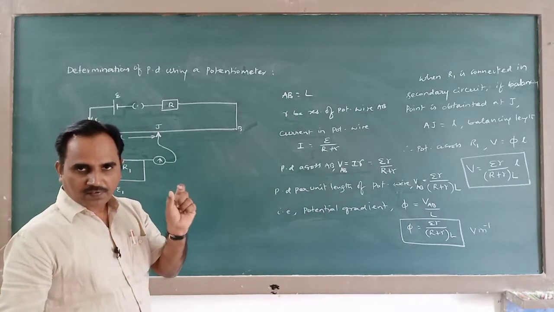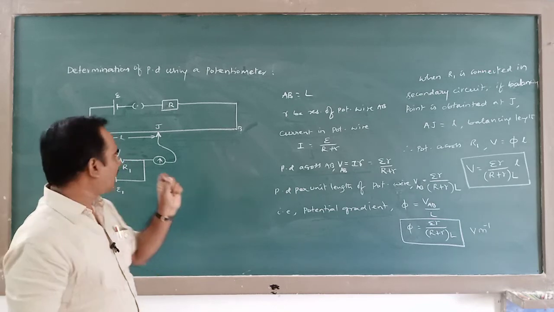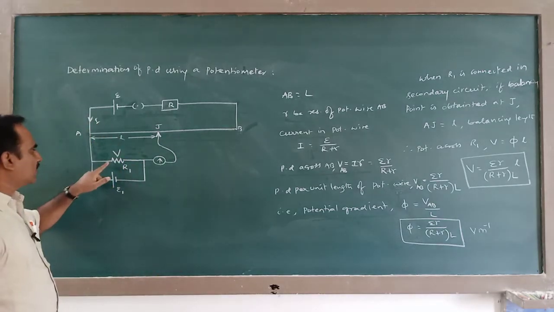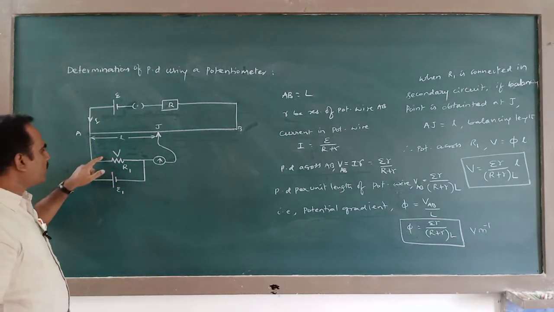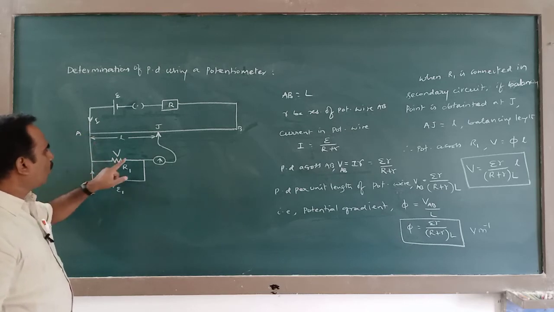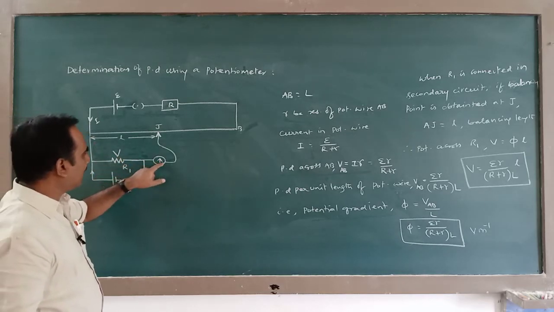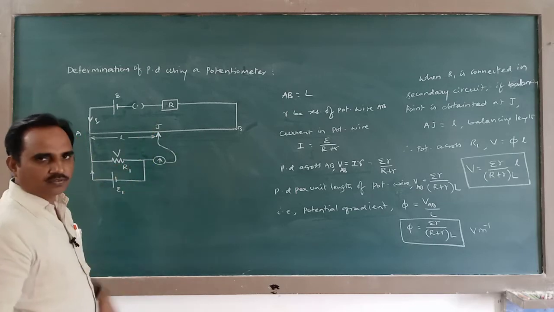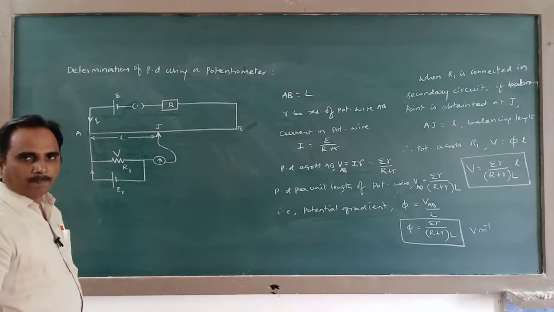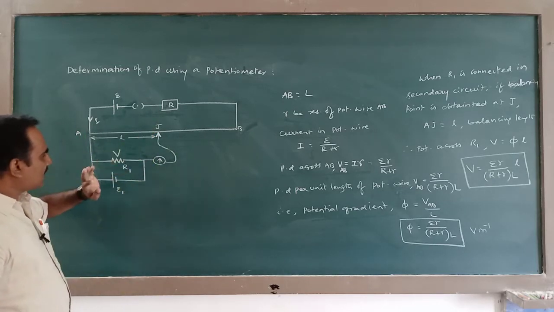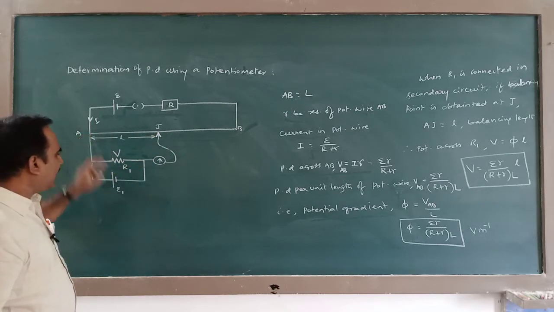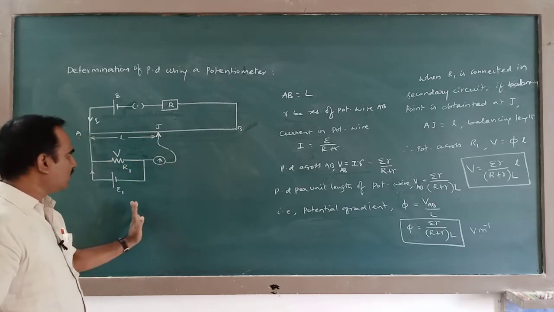Next, the potential difference which is to be measured is connected in the secondary circuit such that the higher potential end is connected at A, lower potential end is connected to a galvanometer, and the other end of the galvanometer is connected to the jockey. After making this connection, if you press the jockey at end A, deflection in the galvanometer will be one side.